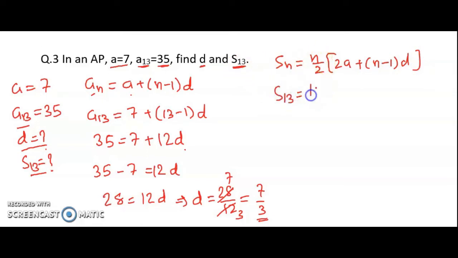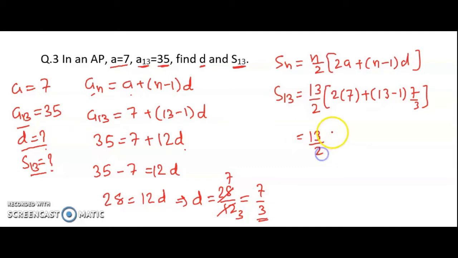So in place of n we will put 13. 13 divided by 2, into 2a, a is given 7, plus n, again we will put 13 minus 1, and d is 7 divided by 3. So if you do the simplification, 13 divided by 2, 7 multiplied with 2, that will be 14, plus 13 minus 1, 12, multiplied with 7 by 3.